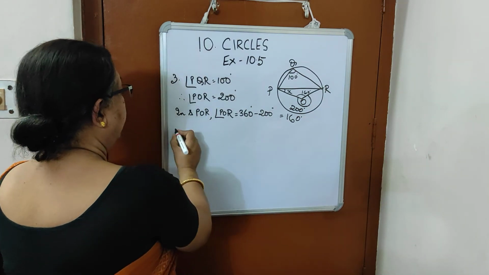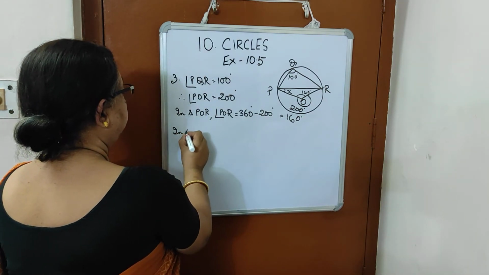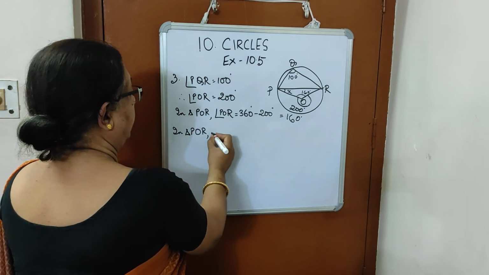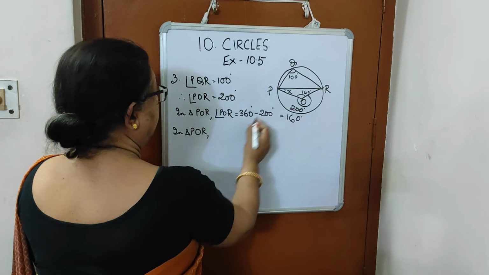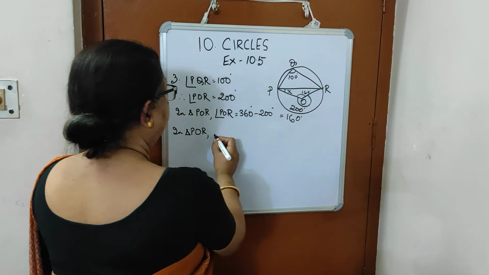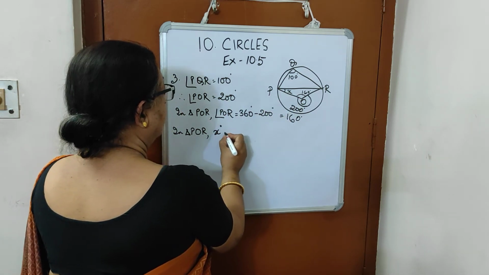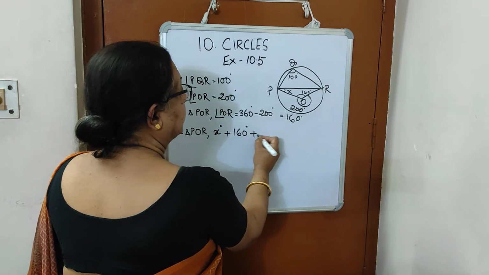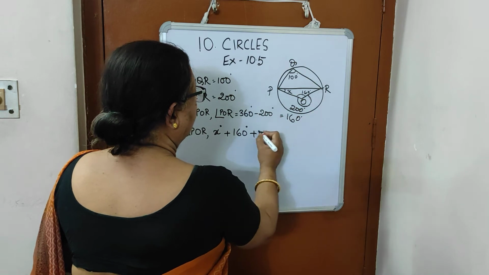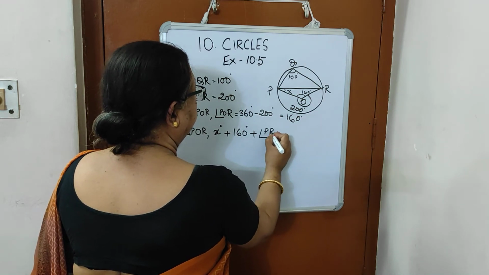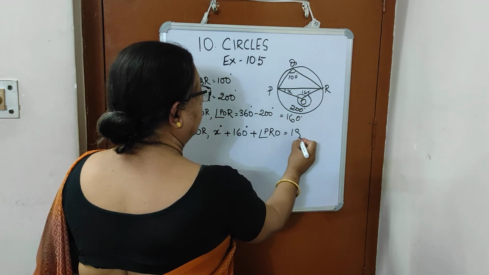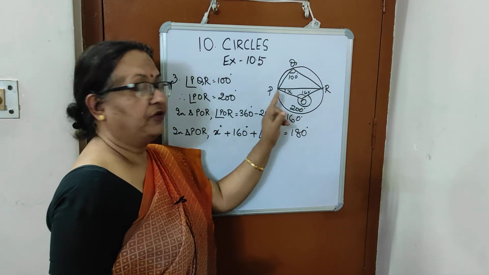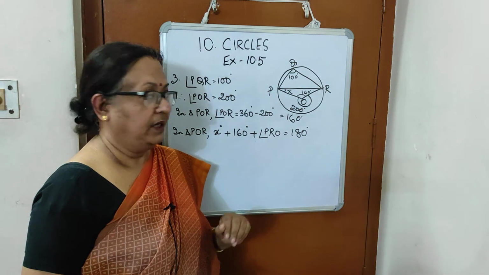Again see, in this triangle POR, we have 3 angles, so we can write x plus 160 degrees plus angle PRO equals 180 degrees, because you know the sum of 3 angles of a triangle is 180 degrees.